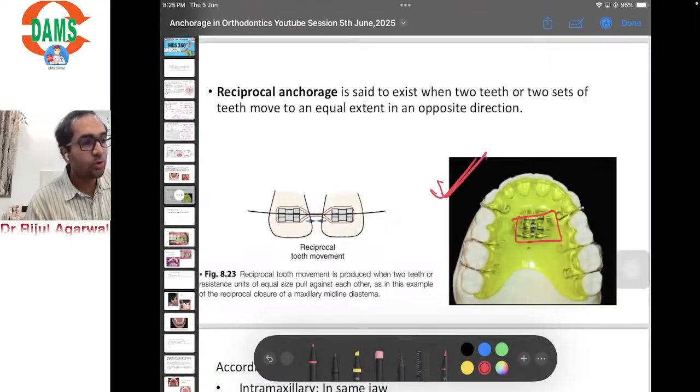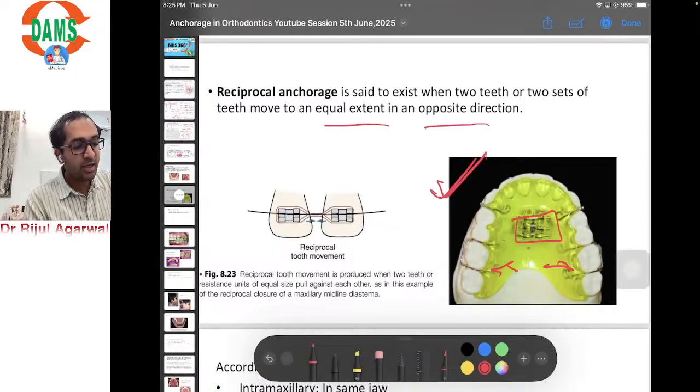So this was the example I just pointed out. Here the expansion screw is in the midline. It is used to expand the upper arch to correct the transverse deficiency. So here it becomes an example of reciprocal anchorage: two teeth or sets of teeth moving to an equal extent in the opposite direction.